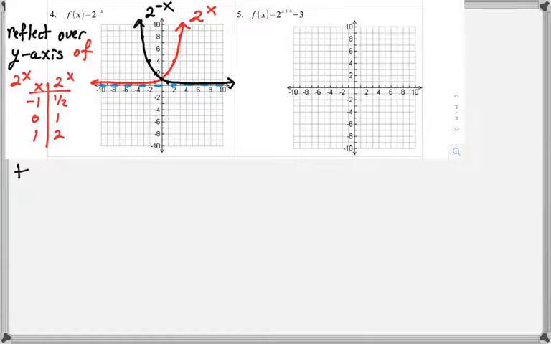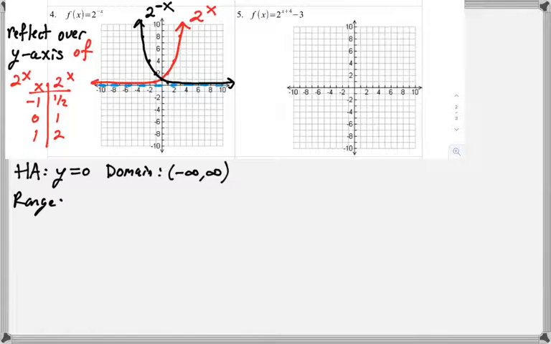Now watch, we can use properties of exponents to write this as a base between 0 and 1. Okay, but first we'll mention our horizontal asymptote is 0, and our domain is all real numbers, and our range is all positive numbers.